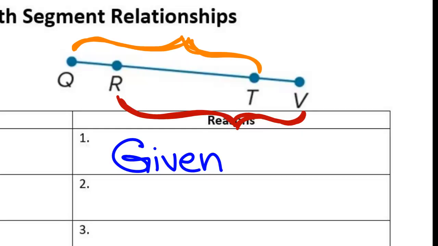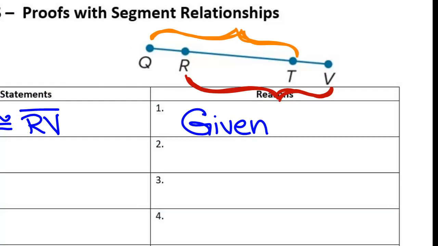Do those two segments share anything? They share RT. What we're trying to prove in the end is that QR, this little segment right here, and TV, this little segment back here, are the same size.